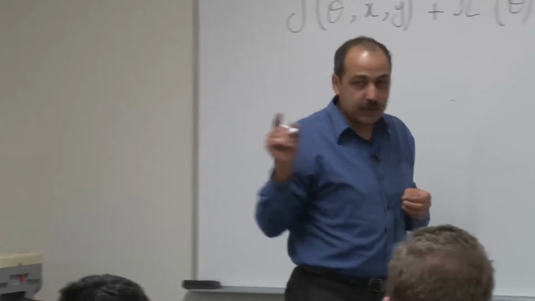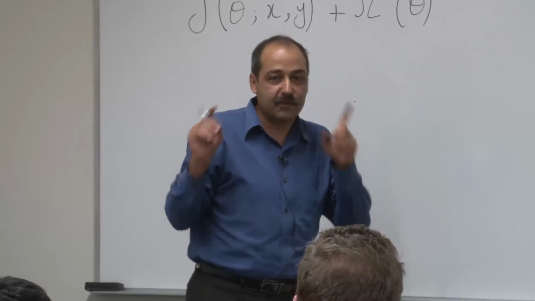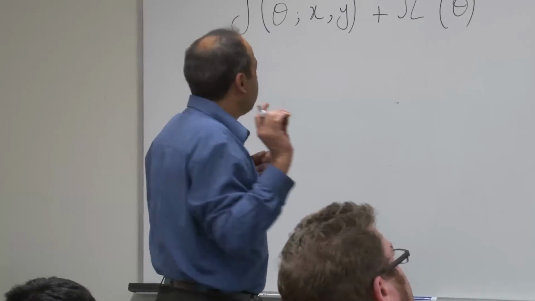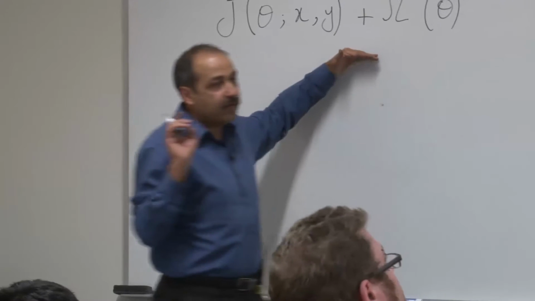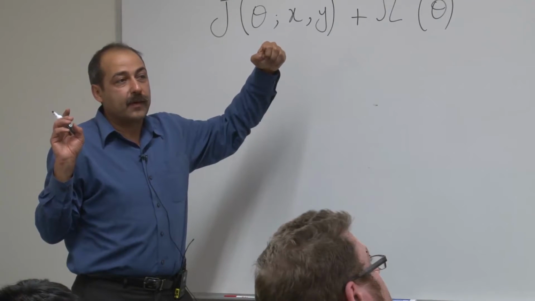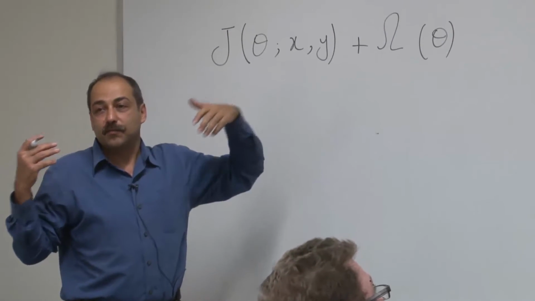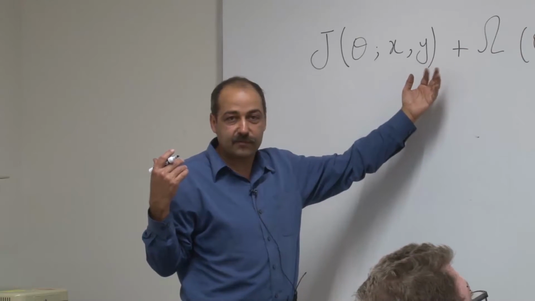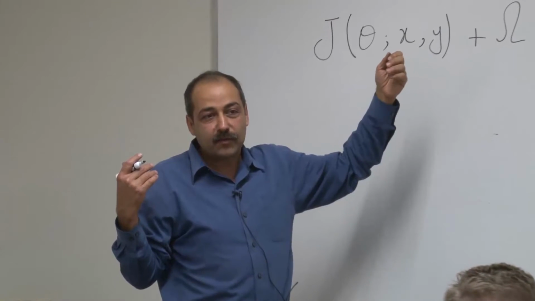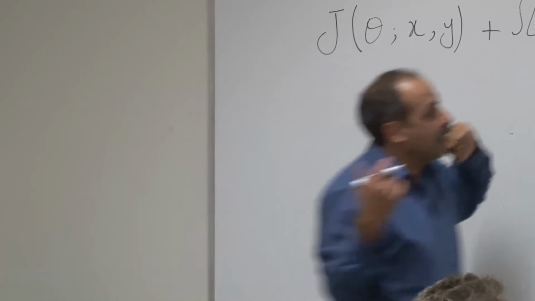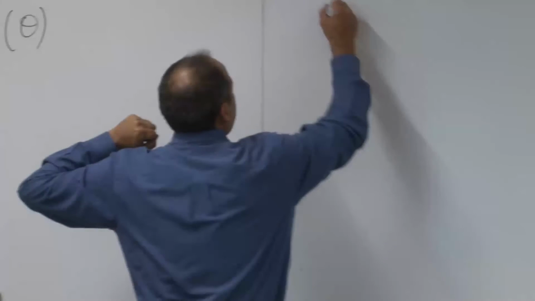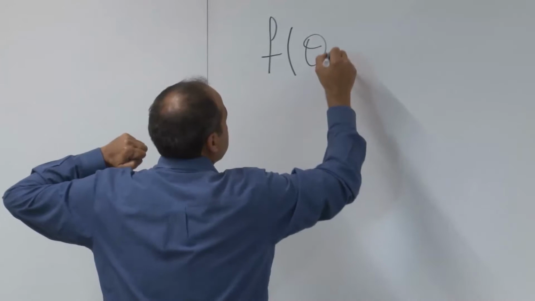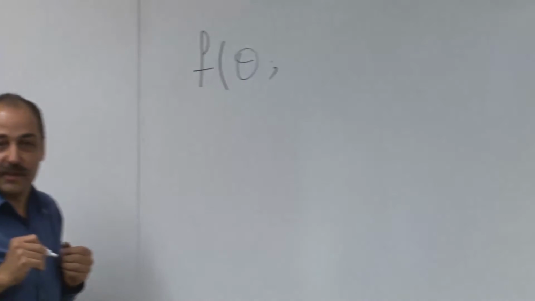So before I switch to a slide, because I don't want to turn it off and on again, let me just give you a view of regularization from the Bayesian point of view. This is mainly from the frequentist point of view, but from the Bayesian point of view, what we are doing is finding the posterior of our parameters given data.